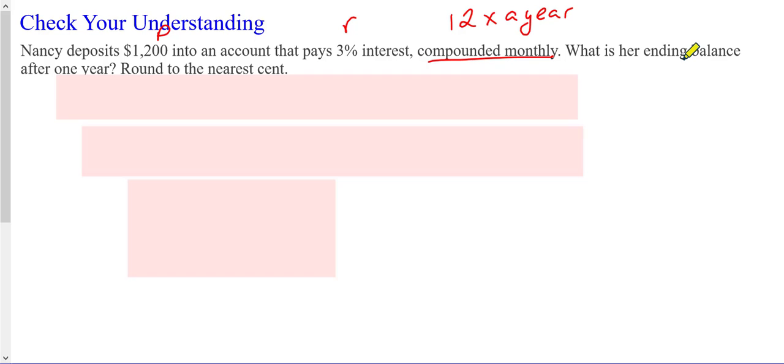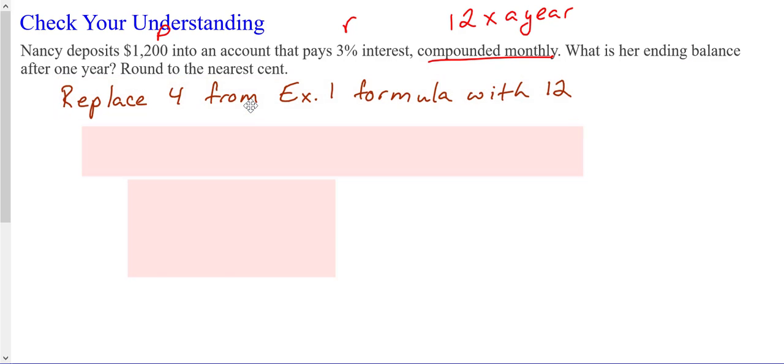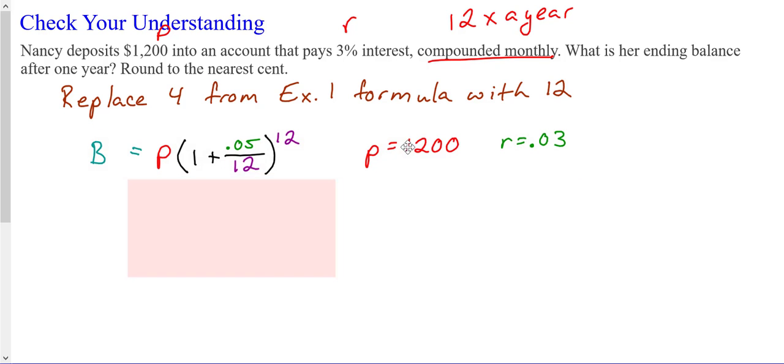So what is our ending balance after 1 year? Round to the nearest cent. We're going to replace the 4 from the example 1 formula with a 12. Remember, when we did the daily in the previous example, we replaced the 4 in the denominator and the 4 in the exponent with 365. Well, now we're talking monthly, so the 4 is going to be replaced with 12.